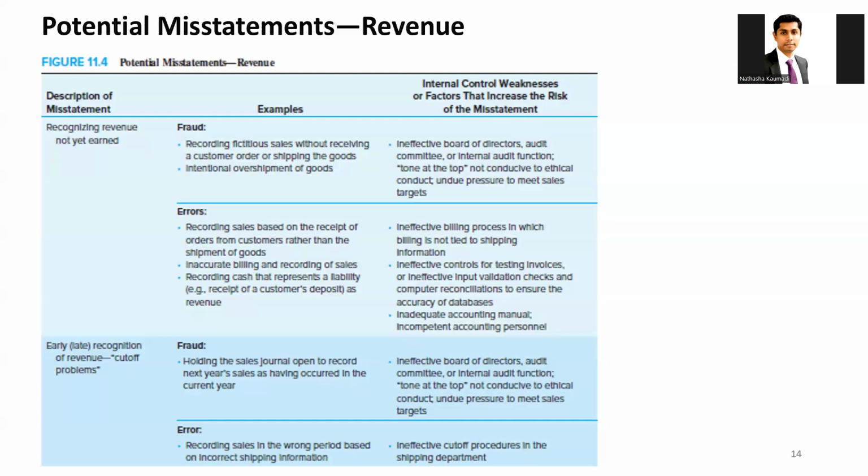And then intentional overshipment of goods. One of your genuine clients has ordered 100 kilograms, but you are intentionally overshipping 50 kilograms more. That means you ship 150 kilograms because you can raise the invoice, maybe towards the end of the period. When you do such intentional overshipments, your revenue will be recorded for 150 kilograms. But once the invoice is received by the customer, the customer complains that there's an overshipment.